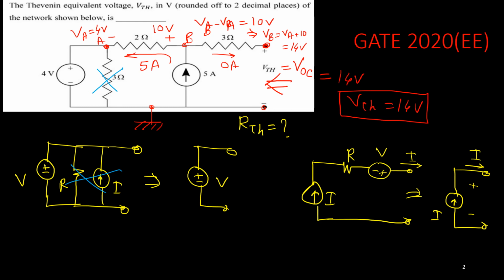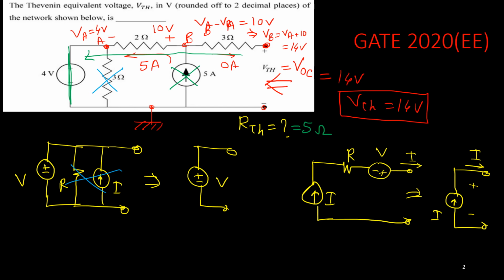This end we can make short circuited, and this current source I will make open circuit. Now if you look from this side, you will see this 3 ohm and 2 ohm in series, and it is shorted. There is no more resistance. So RTH will be 2 plus 3 equal to 5 ohm. Very simple.